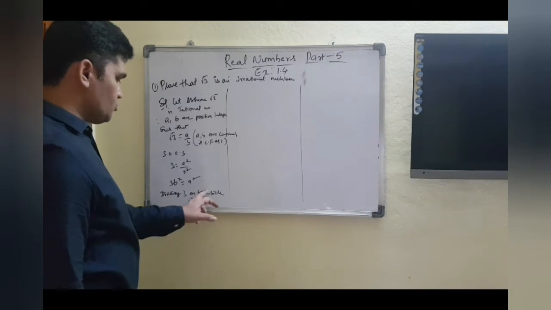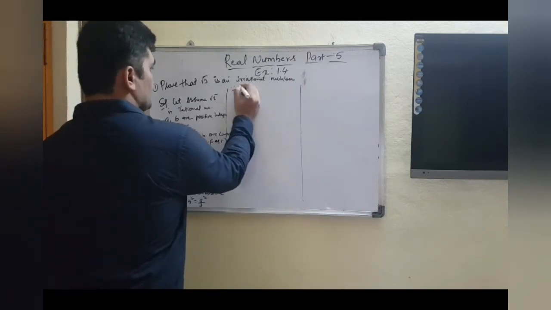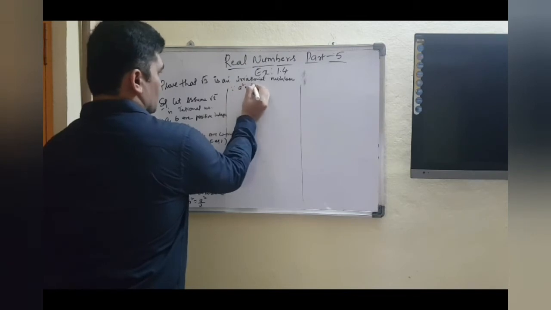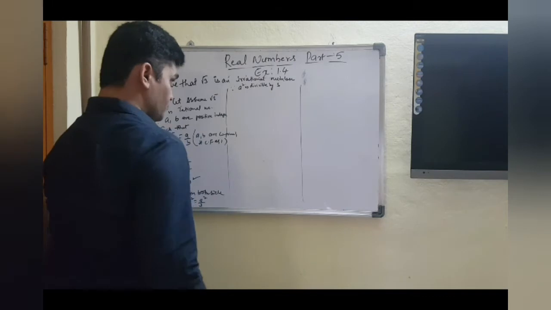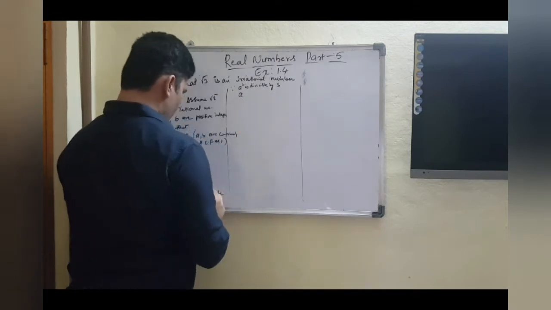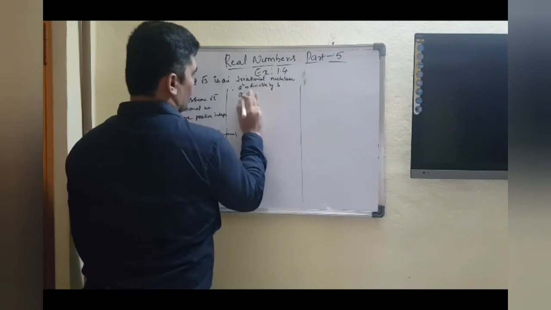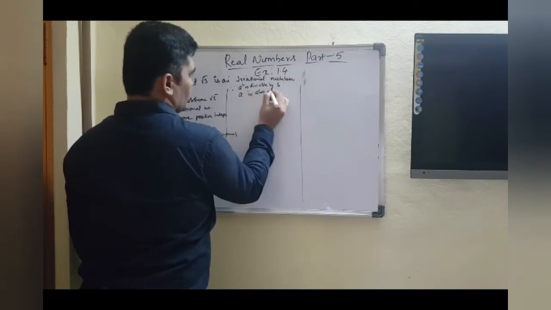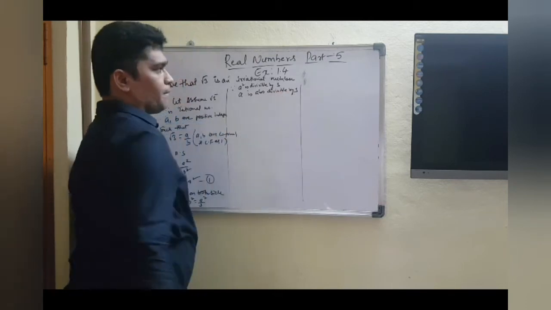It means A square can be divisible by 3. Therefore, we can say that since A square is divisible by 3, this is my first term. Okay, A is also divisible by 3.